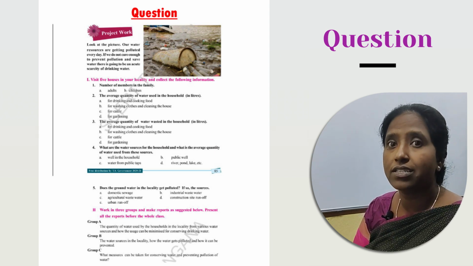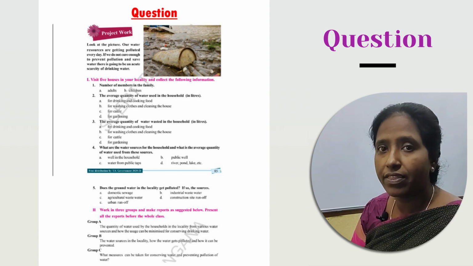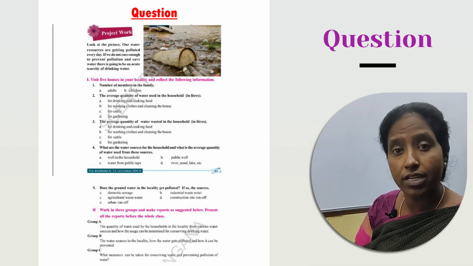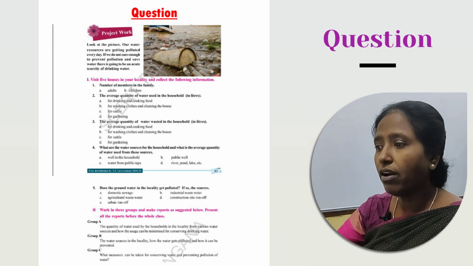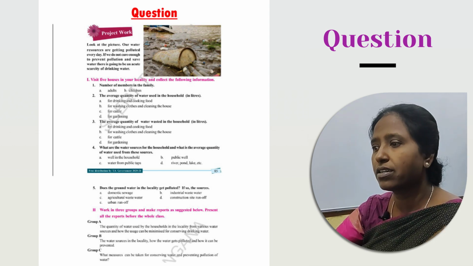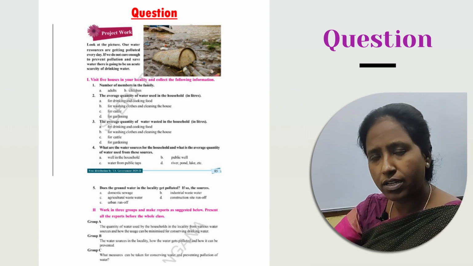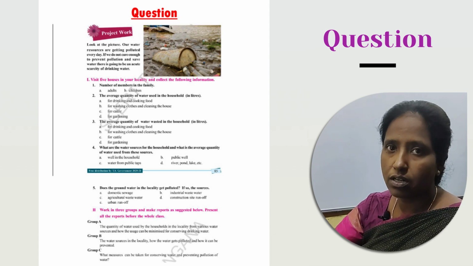Generally construction sites use a lot of water, and when that water gets mixed with other water, the good water gets polluted. You have to find out the reason. Urban runoff means the sewage water, drainage water getting mixed with the pure water.